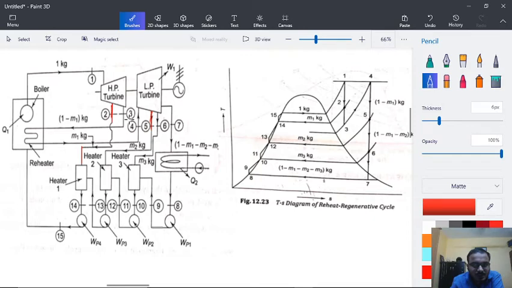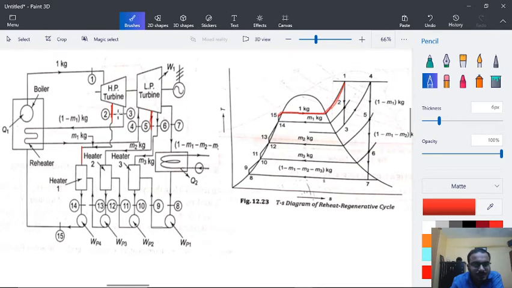So if we simultaneously discuss this portion in this TS diagram, then in the boiler what is happening, we are having this point 0.15 to 0.1, that is over here.